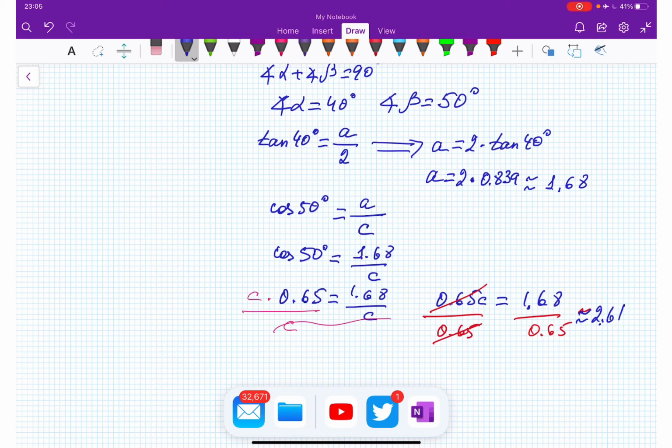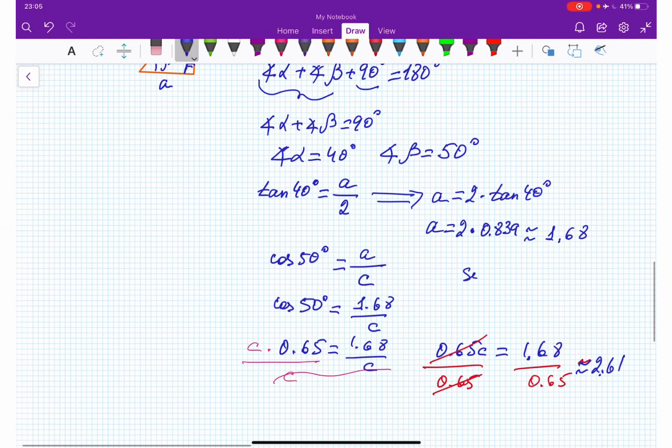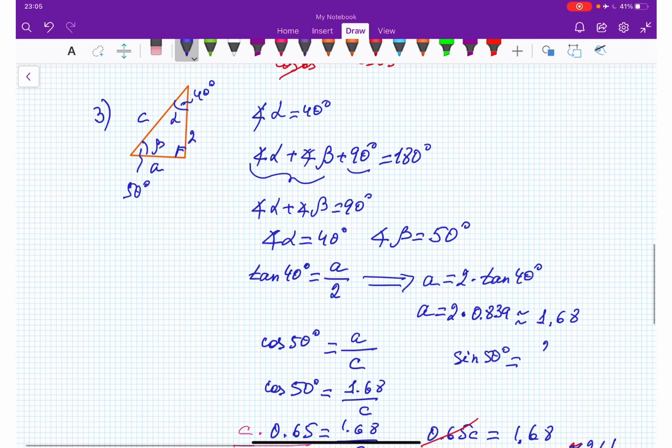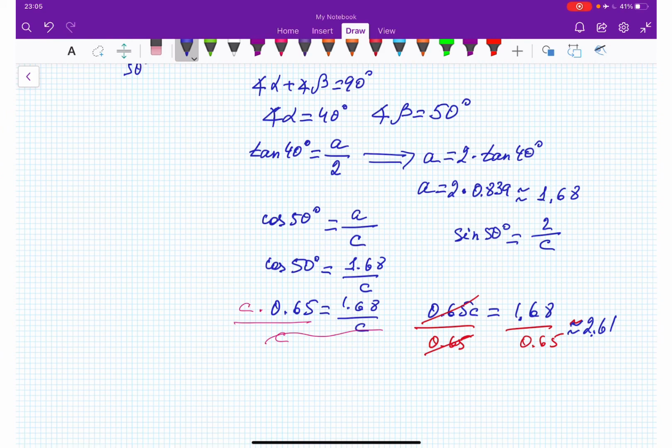Because I'm dealing with rounded numbers. It would absolutely be a better choice to use sine 50 degrees, which would be equal to 2 divided by C, and you wouldn't have to deal with fractions.